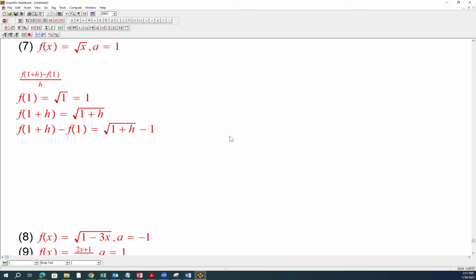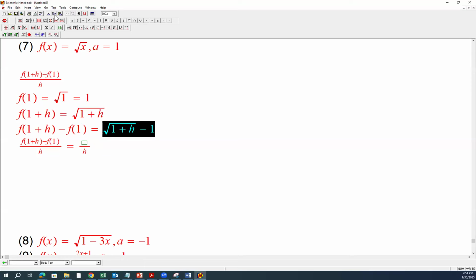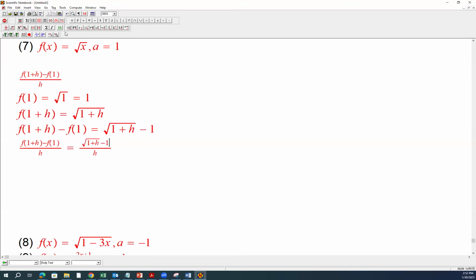Not much we can do. We're going to go straight to the next step. Now we've got the denominator still h, and the numerator is that piece. How do we reduce it? How do we simplify it? Is there a way? Yes, there is a way. The way is the conjugates. So we're going to rationalize the numerator.